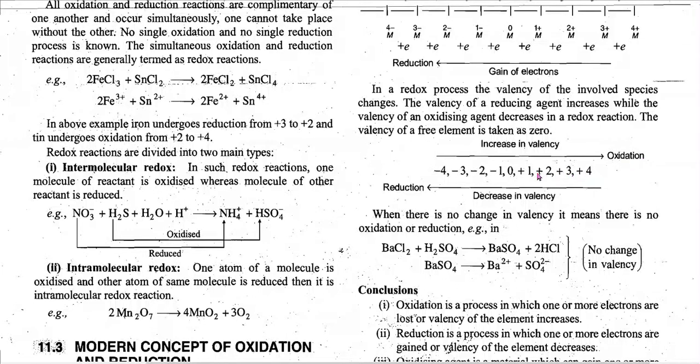Increase in positive charge means loss of electron, and loss of electron is called oxidation. And here you can see from -4, -3, -2, -1, so decrease in negative charge. Decrease in negative charge is also called oxidation. So decrease in negative charge or increase in positive charge is called oxidation, and the reverse of this one is called reduction.